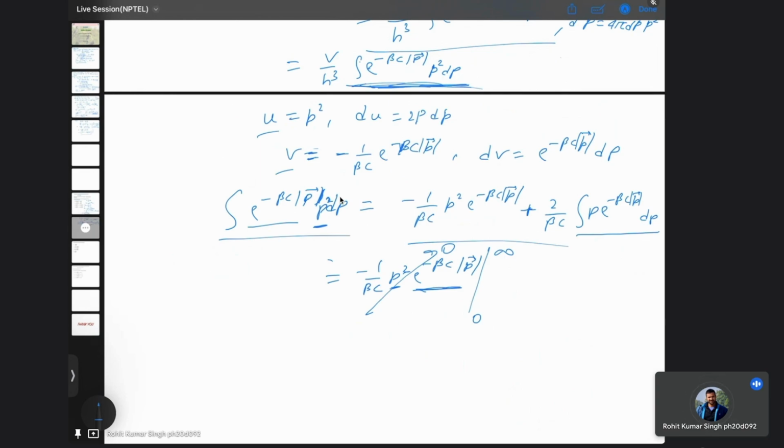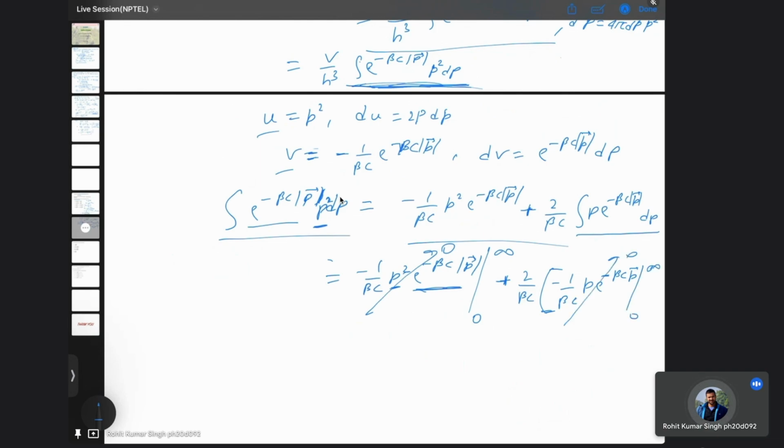Now let's go to the second integral by parts. So let's take this outside bracket, and then you have minus 1 by beta c p e to the power minus beta c p. Again, from 0 to infinity this goes to 0, right?